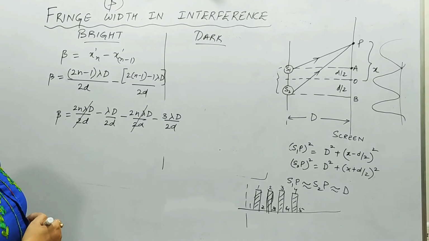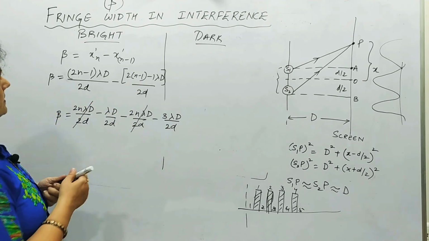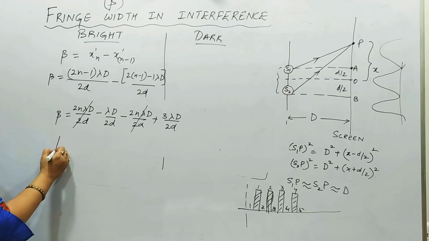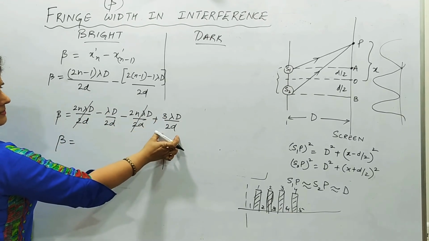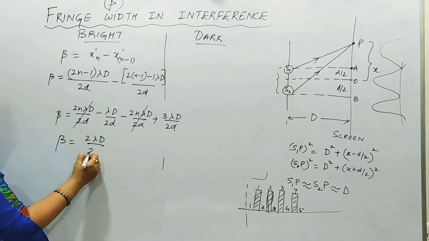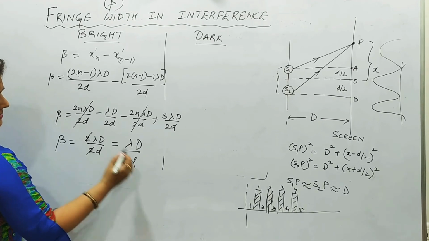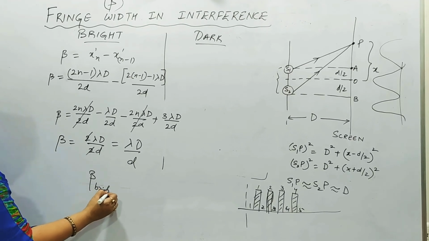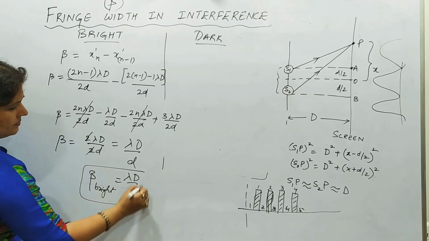So solving, this comes out to be 2n minus 1 minus 1. Yes, this comes out to be plus. Please check. So beta comes out to be lambda D by 2d plus 3 lambda D by 2d. Reducing, we will get 2 lambda D by 2d. Cancelling this 2, this comes out to be lambda D by d. Beta for bright is lambda D by d. Please check the calculation part.